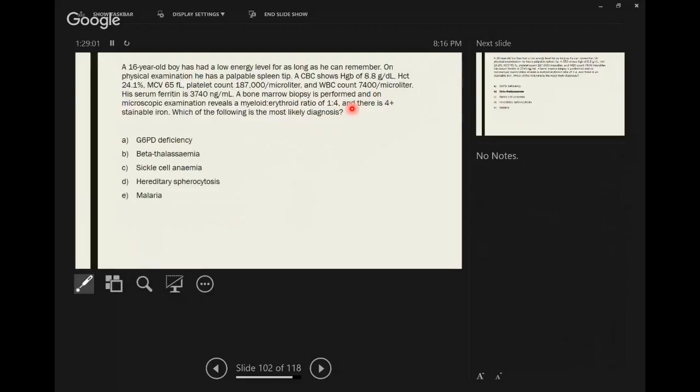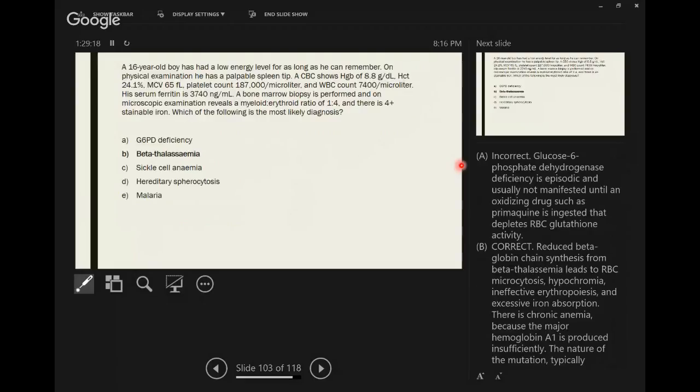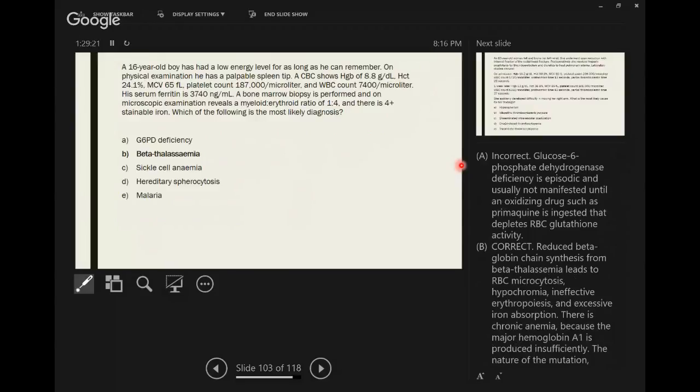Oh no, sorry, ferritin's high. Ferritin's very high. Going for D? Oh, sorry, man. I know it was the answer for the last question. That looked a bit dodgy.